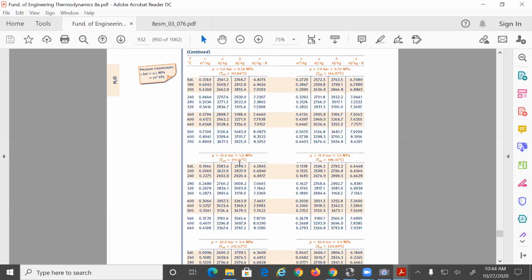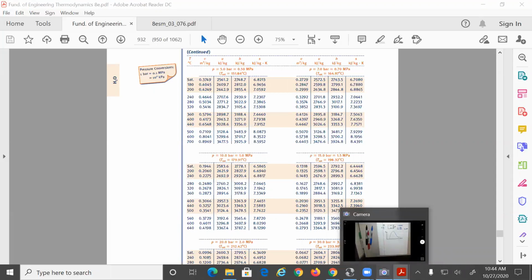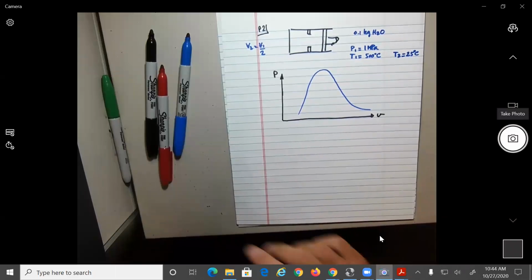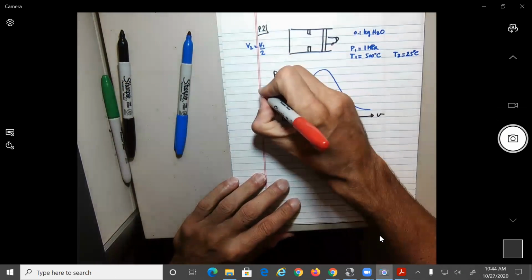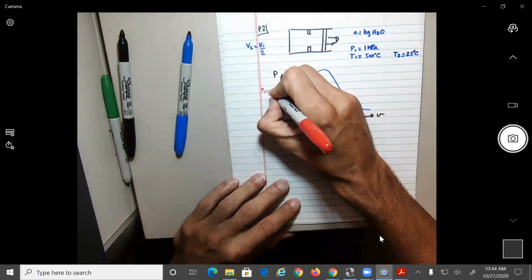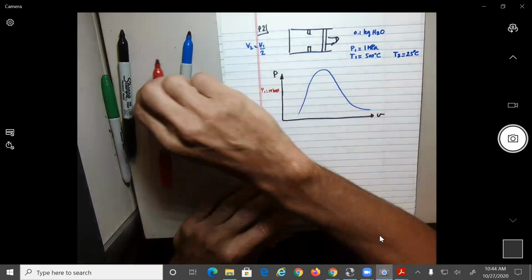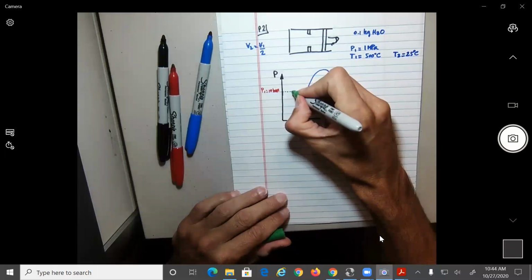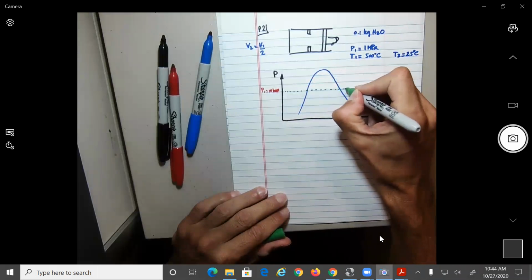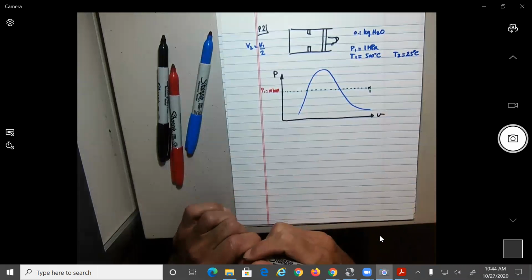So if we are on this figure at P1 equals 10 bar, point 1 is going to be somewhere along this line here.